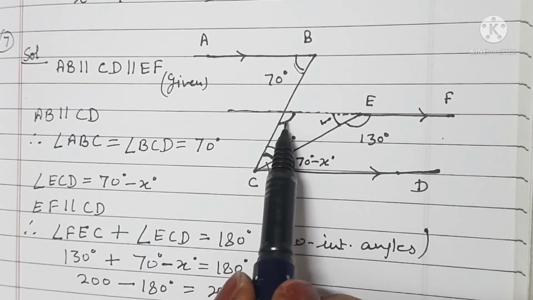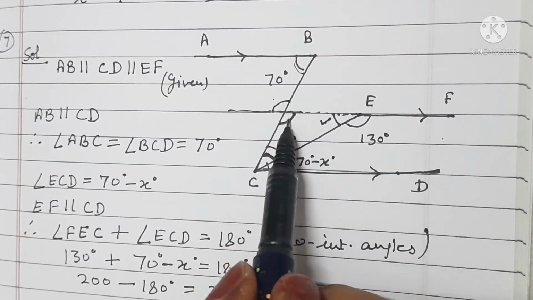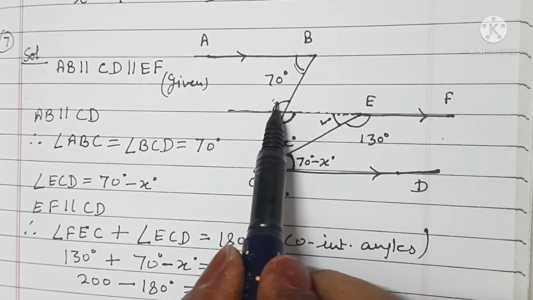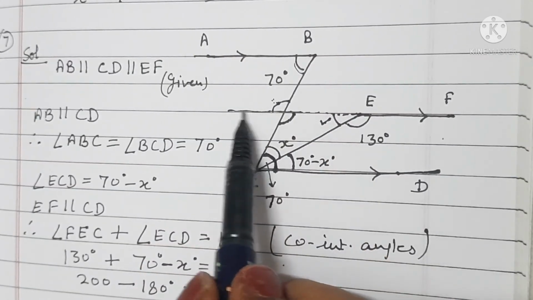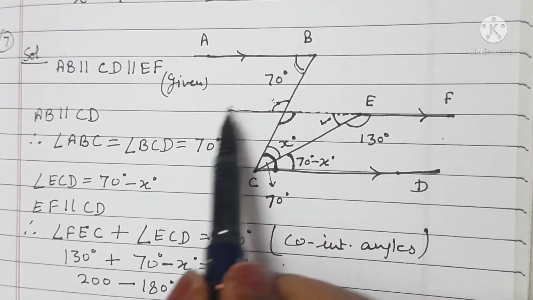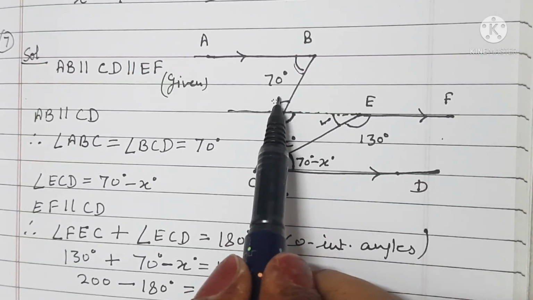And how to get this angle? This is related to the vertically opposite angle. And how to get this angle? AB is parallel to EF, and here the sum of co-interior angles will be 180 degree.